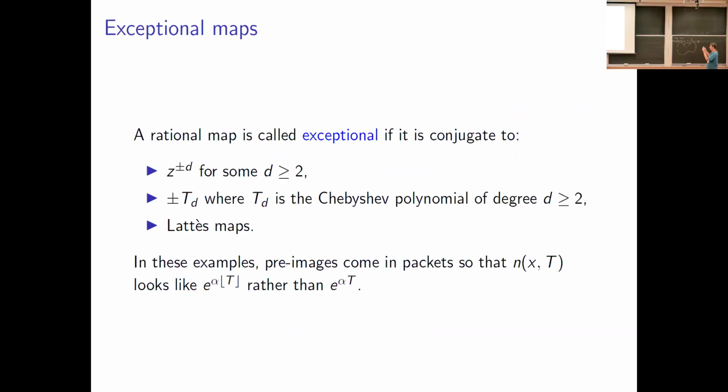So here are the exceptions. A map is called exceptional if it looks like a power map, a Chebyshev polynomial, or a lattice map.